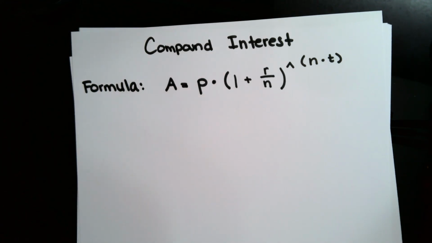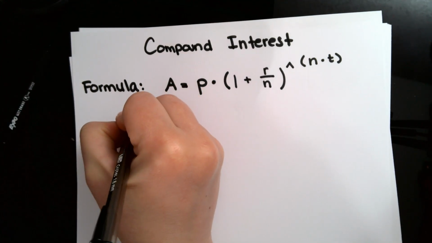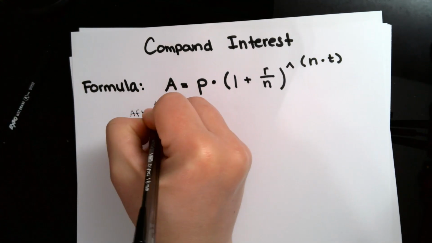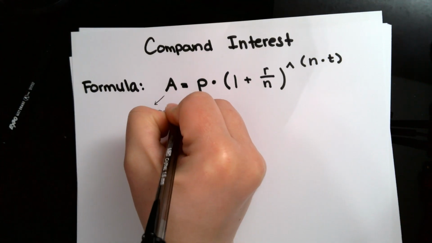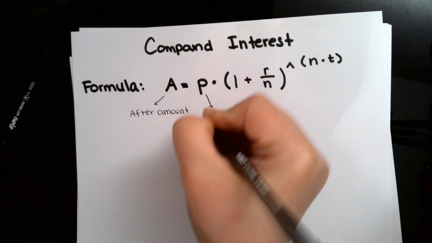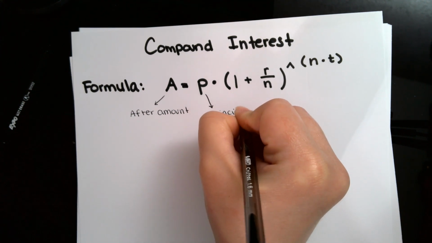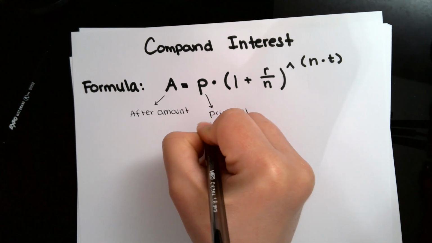Let's go ahead and define what these things are. A is going to be your after amount. After the investment, what is your money? That's your A. P is called your principal or your start value.